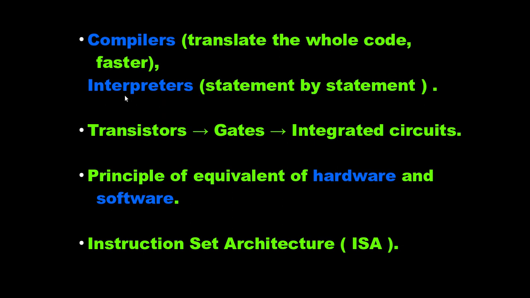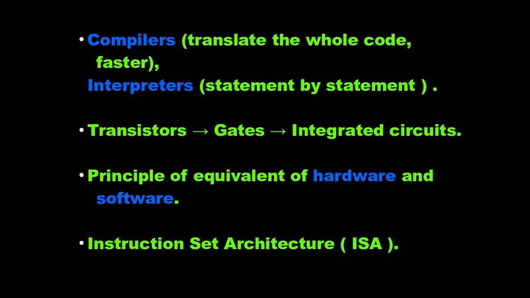Compilers, remember we said, translate the whole code and are faster. Interpreters work statement by statement. If you remember in lecture 1, I said Java and C and C++ have some differences. One is that Java is considered an interpreter: it takes one instruction, translates it, generates the bytecode, runs it, and then does that to the second instruction, third instruction.